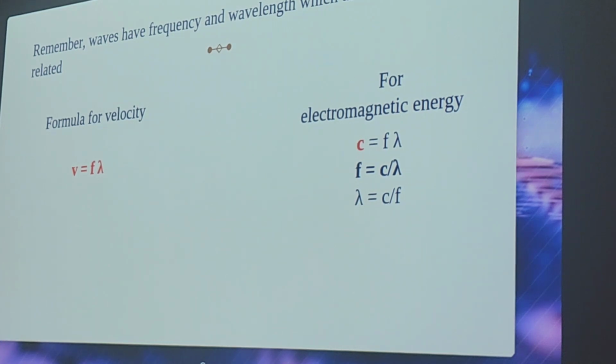It's going to be c equals f times wavelength. What is c equal to? Speed of light. So we already know the velocity, so we can plug c in there, and then f times wavelength. Frequency, yes. So does that explain the answer?